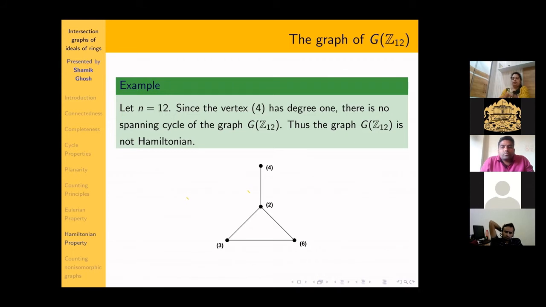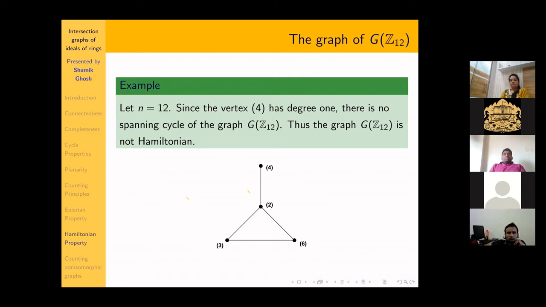You see that wherever you start with a vertex, you have to come back to the same vertex by visiting all the vertices but once. But here, if you start from 4, then go to 2, 3, 6, unless you repeat 2, you cannot come back to 4. And so the graph is not Hamiltonian. Similarly, if you start from 2 or 3, you cannot visit all the vertices and come back to the same point without repeating a vertex.